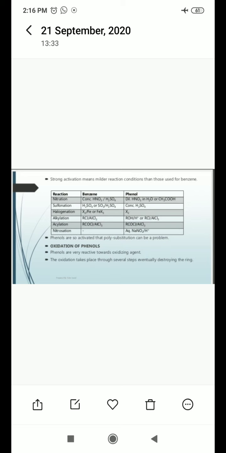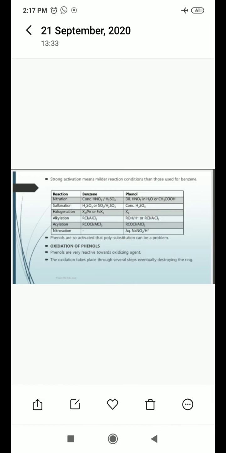Only concentrated H2SO4 can be used for sulfonation of phenol. Next is halogenation. For the halogenation of benzene we use a ferric halide, like ferric chloride or ferric bromide. For phenol we use only chlorine, bromine, or iodine.